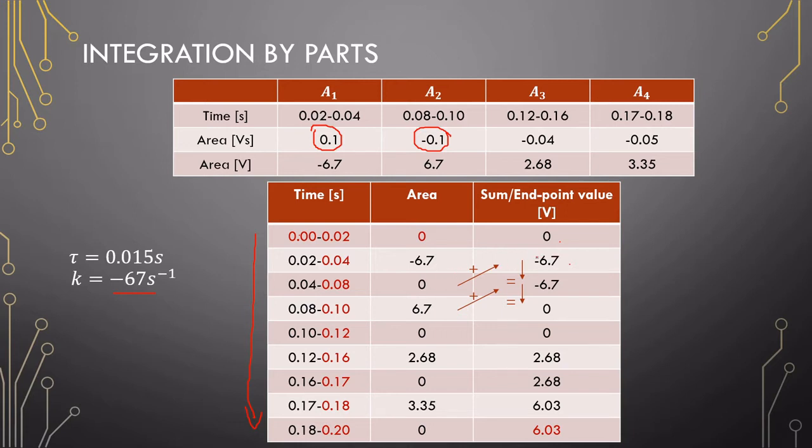Okay, so this output voltage here, in the next area nothing happens. Okay, so 0 minus 6.7 equals minus 6.7. So from 0.04 seconds to 0.08 seconds, this voltage will remain constant as we would expect for the integration.